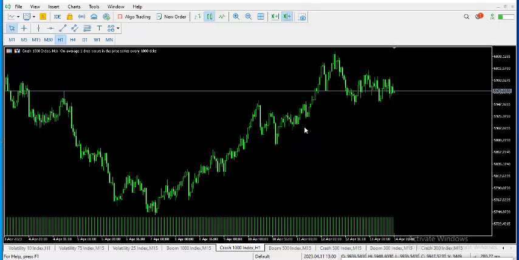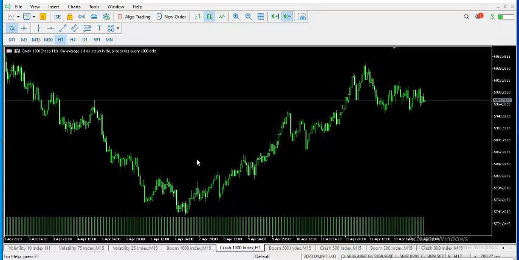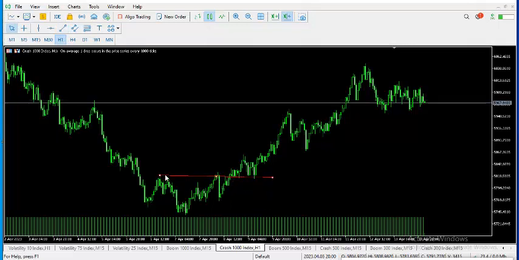Now what I'm about to introduce to you today, you can use it to either sell crash or buy crash. You can use it to either sell boom or buy boom. So let's go ahead and quickly use this. From here, you will notice that the buy trend on crash 1000 started from here when it broke this structure, the break of structure that was here.